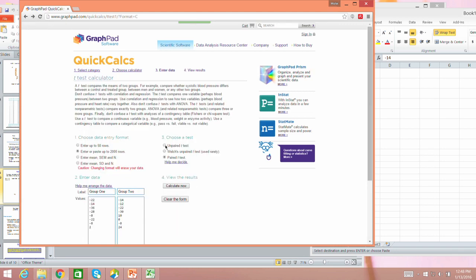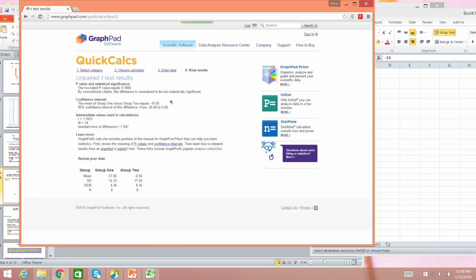Now, let us look at the unpaired t-test. Okay, unpaired t-test, not statistically significant because my p value comes out to be 0.1859. So, if I divide by 2, because for a 1-tail I have to divide by 2, it will come out to be 0.097, which is much larger than 0.05.